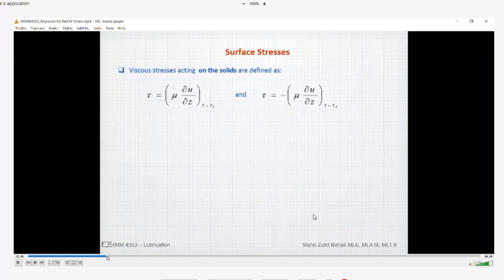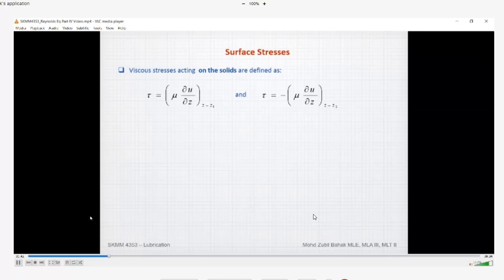So that's why you have that negative value. If at the top the tau is also positive, there is actually no shear stress. The shear stress happens when something is resisting the flow. So at the bottom we assume the tau is positive, while at the top the tau is in the other direction.